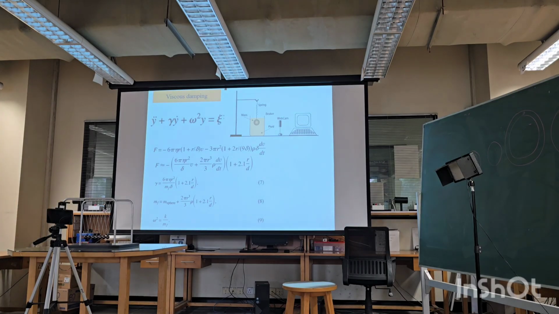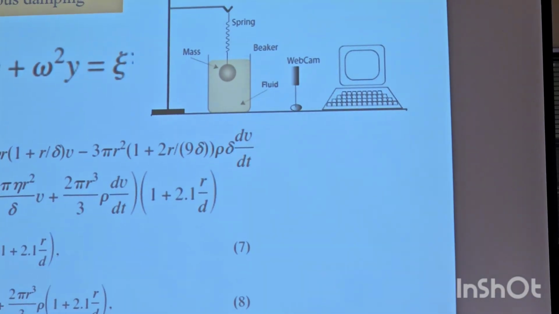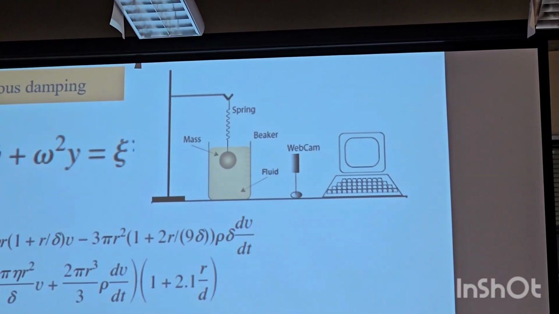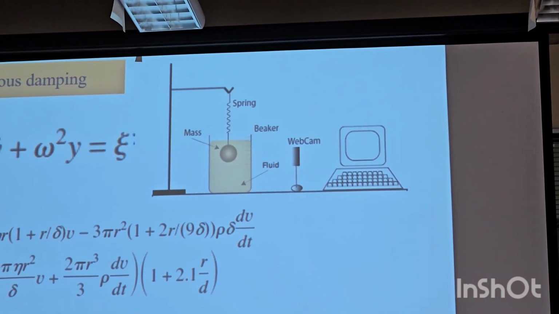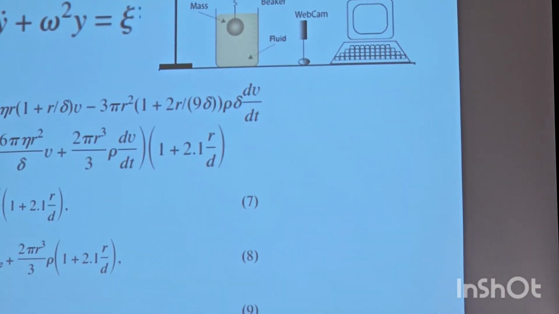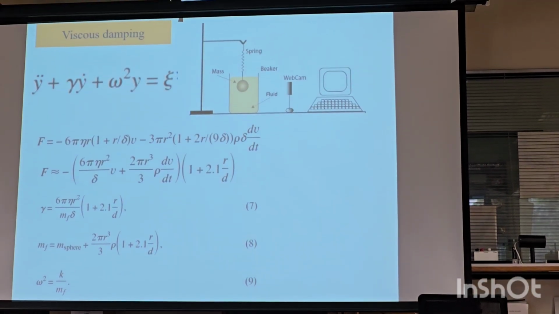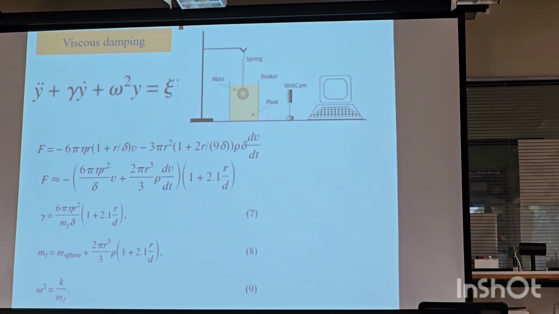A very simple example of an oscillator that is vibrating in a viscous medium: honey, oil, water. In fact, when we started video tracking many years ago, this is the first experiment that we did, and we published this in some journal as well. So there is this damped harmonic oscillator.